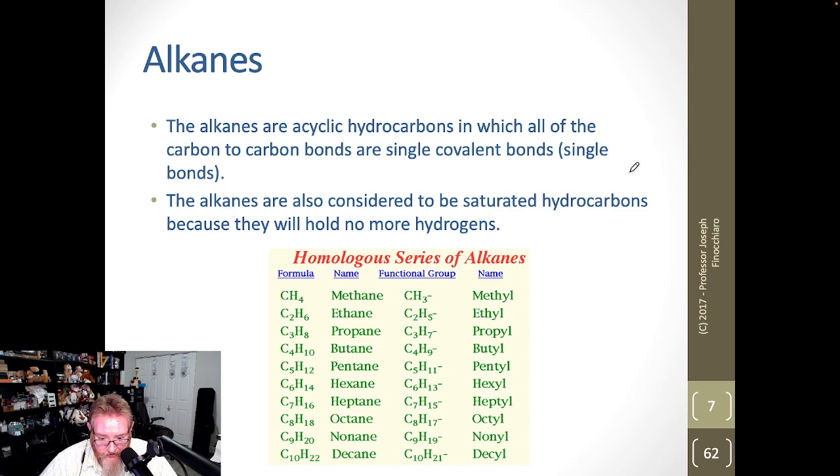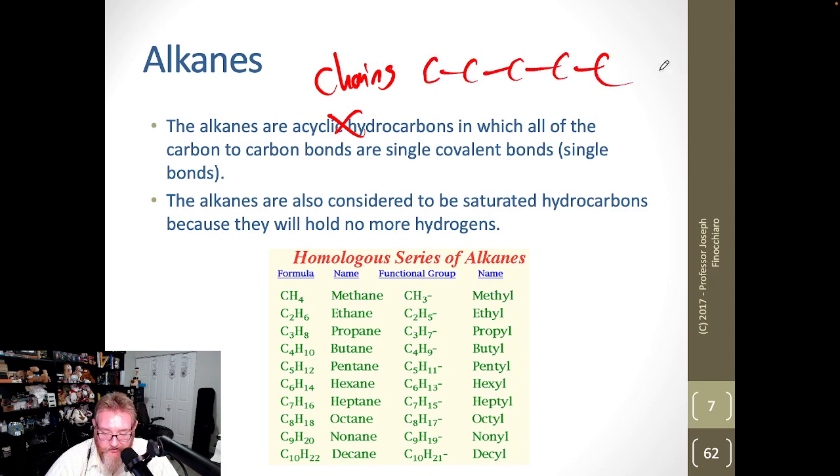The alkanes are acyclic hydrocarbons, are chains, in which all of the carbon-to-carbon bonds are single bonds. They're all dashes. You can either have a dash, you can have an equal sign, you can have a triple equal sign.